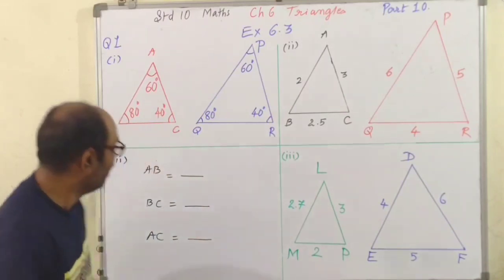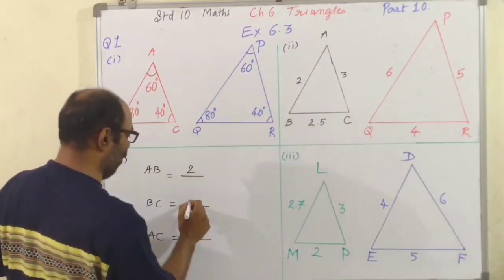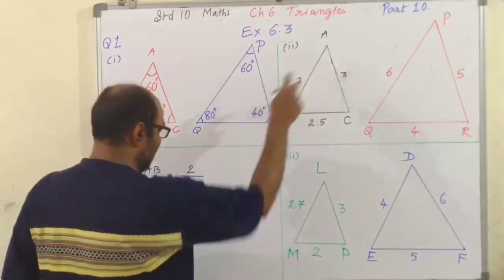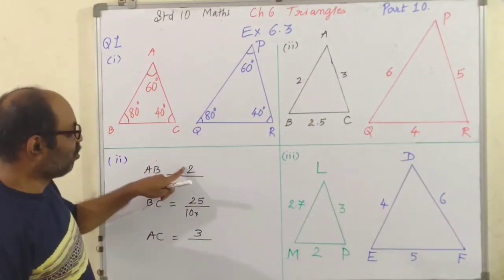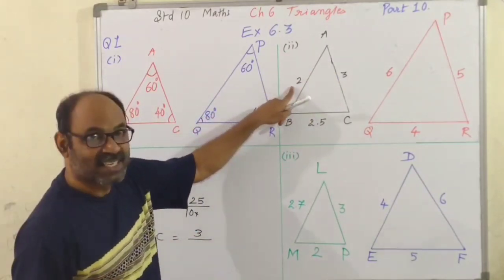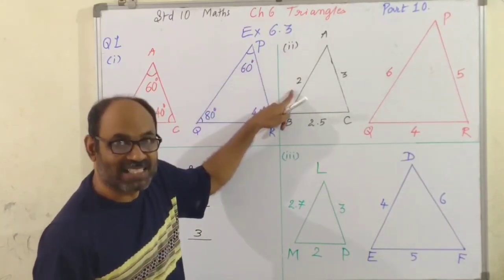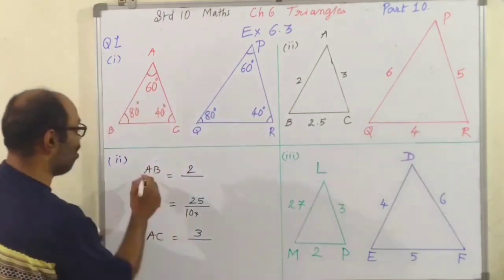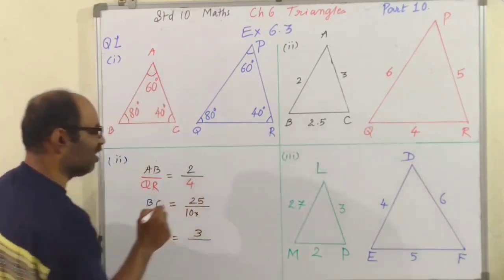What is AB? 2. What is BC? 2.5. You may remove the decimal and write 10 down. What is AC? 3. Alright. 2 is the smallest side. From the measure you can say AB is the smallest side. Which is the smallest here? QR. So write QR under smallest, and QR is 4.